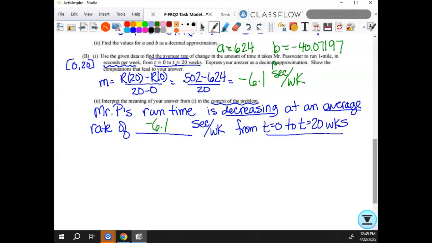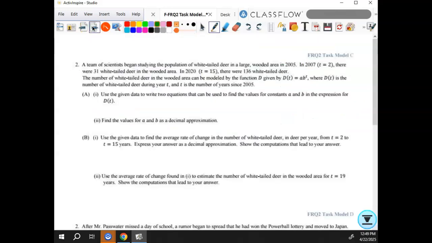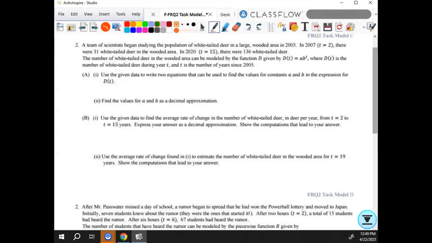Flip this over. You don't need your calculator anymore. A team of scientists began studying the population of white-tailed deer in a large wooded area in 2005. It goes on to give me all this other information. I want you to go ahead and write out what your 2 ordered pairs would be, and then write your equations.